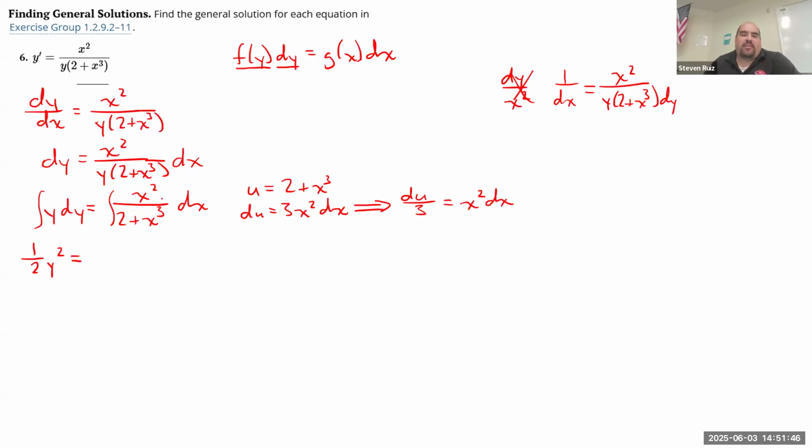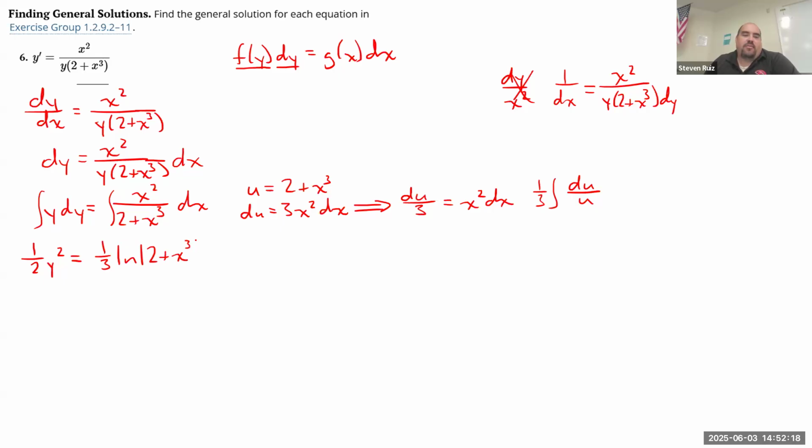So basically what I have in here is du over 3u. So what do integrals look like if you have, and I'll pull out the 1/3. What do integrals that look like du over u become? They become natural logs.